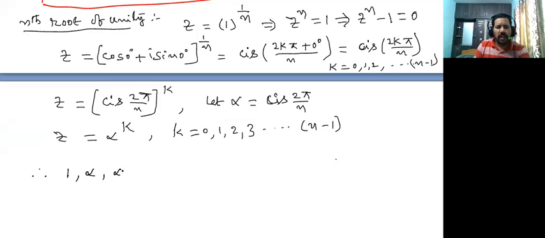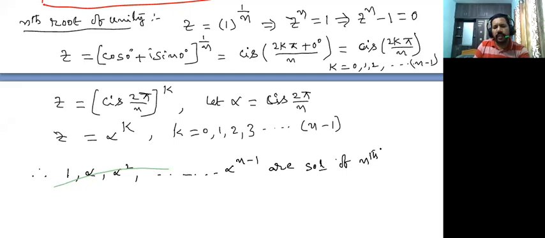So 1, alpha, alpha square, and so on, alpha power n minus 1. These are roots of the equation. These are solutions of the equation, the nth roots of unity.